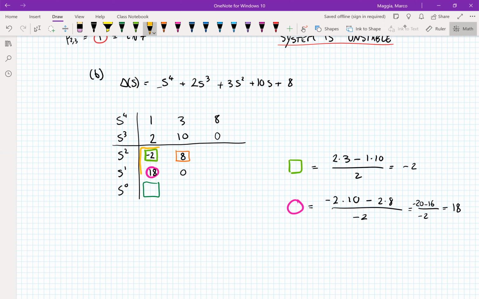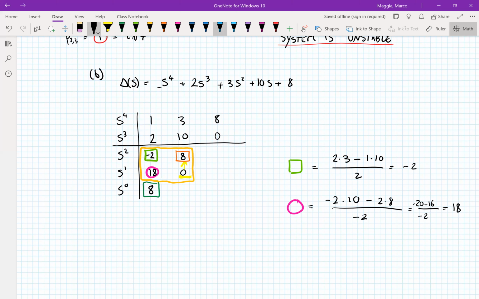Well, the first column of the 2 rows above, and then the other 2 terms of the column to the right of it. Once again, here we have a 0 at the right bottom corner. So the result, the coefficient we're looking for, is simply the one above. And so we have 8.